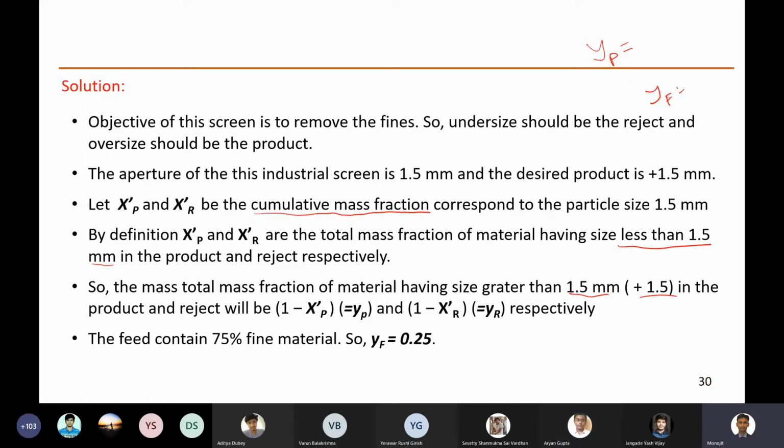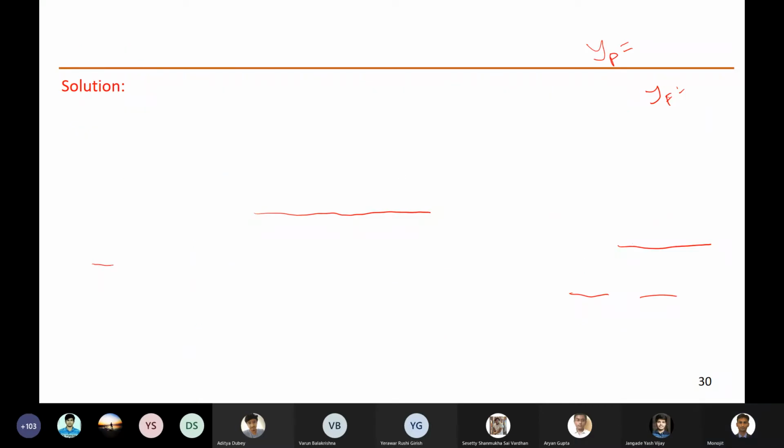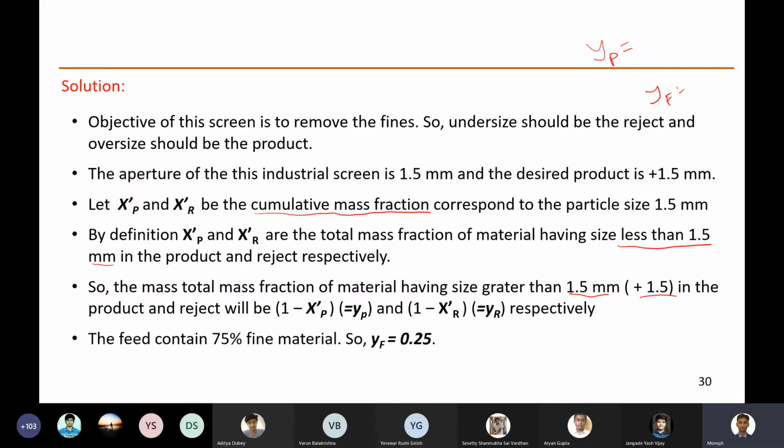If not, just ask me. Because why? See the problem definition. It says that excess fine content is 75%. So obviously 100 minus 75, that is 25% is your desired product. So the mass fraction would be 0.25.